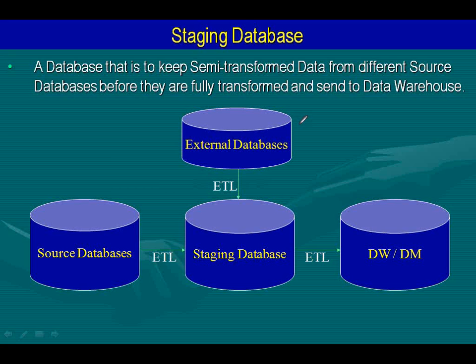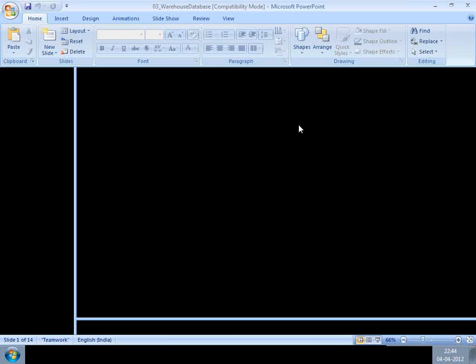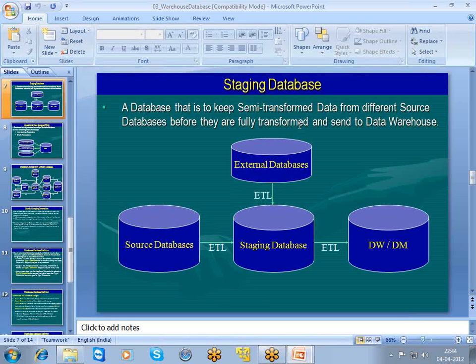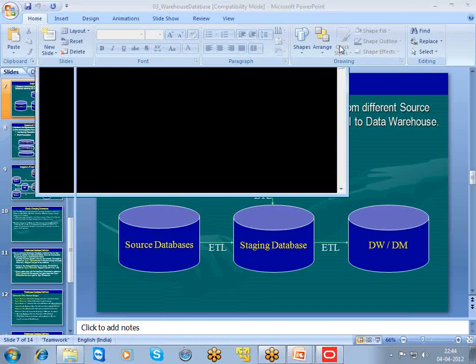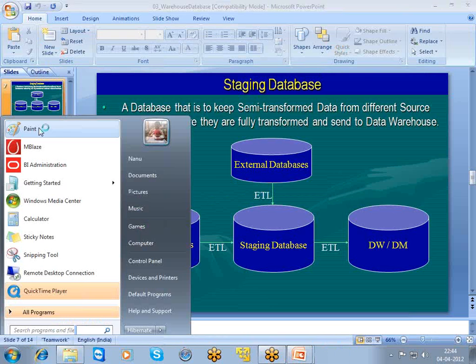In a stage you are not transforming and dumping to the target, but you are handling the data in a middle location. So that becomes staging. That means between source and target, it always goes to the staging, and then the process takes place at the staging level. Let me explain.